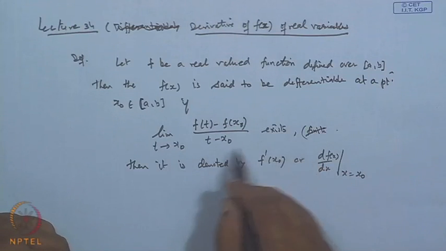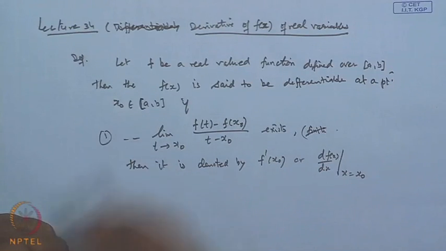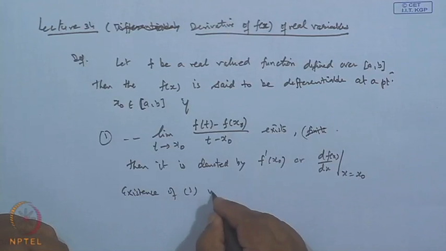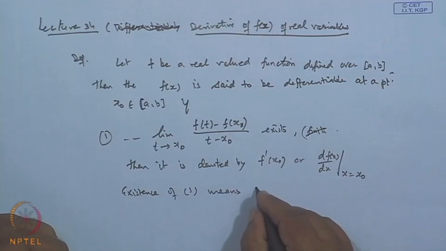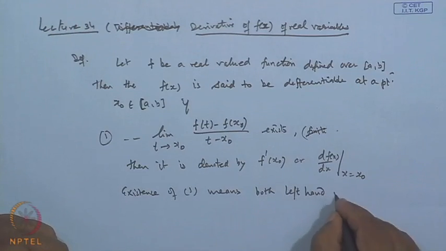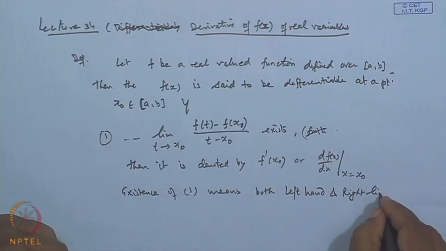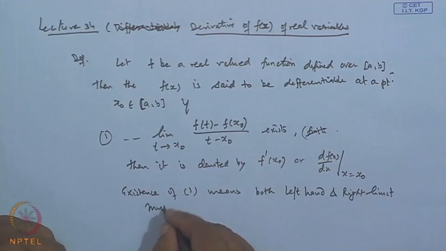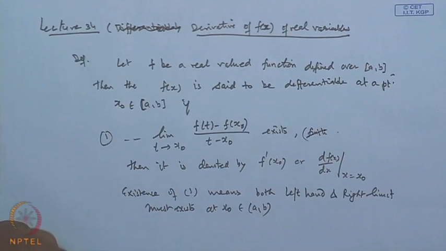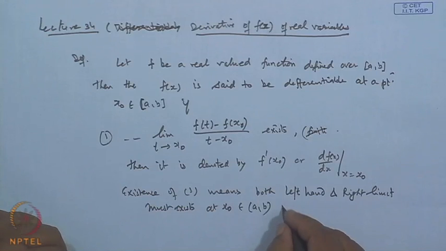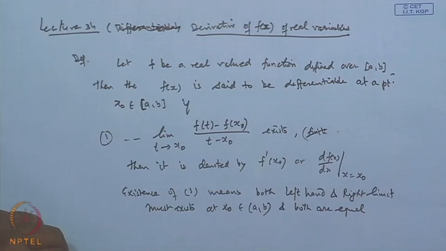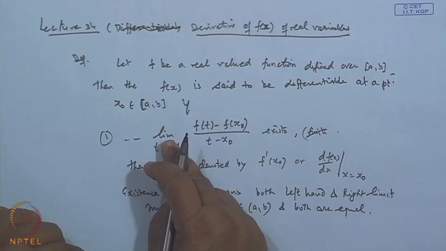When we say the limit exists, it means that both the left hand and right hand limits must exist at a point x naught which is in the open interval (a, b), and both are equal. Then we say the derivative of the function exists.